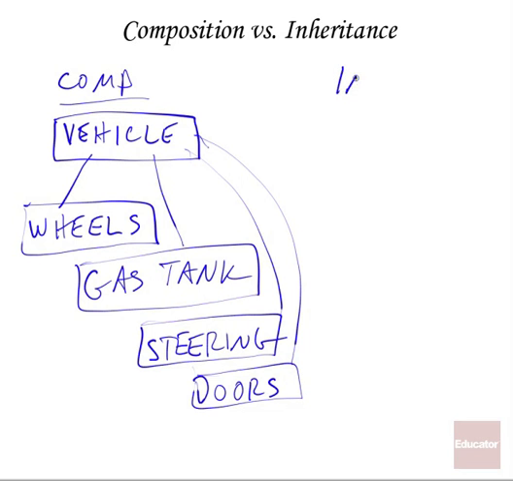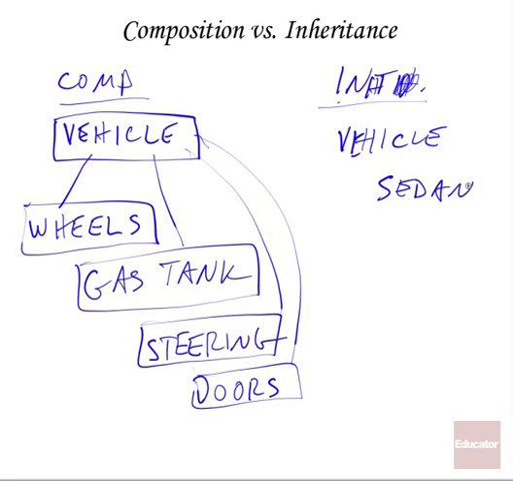Now let's contrast that with inheritance. With inheritance, we might say that we start with a superclass of vehicle, and then we might say that a four-door sedan is a type of vehicle, and a Taurus is a type of sedan, and a subclass of a Taurus might be the standard edition series.